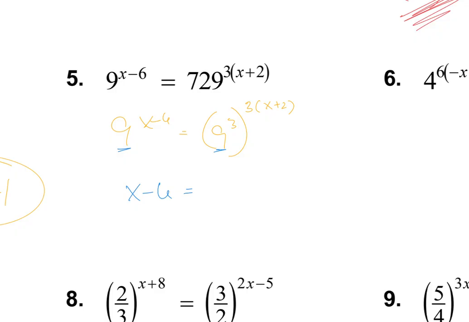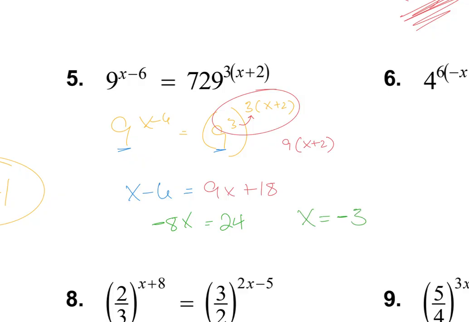We just need to make sure and multiply that, okay? So 3 times 3 is 9. So what we get is 9 times x plus 2, which is 9x plus 18, okay? Subtract 9x to get negative 8x. Add 6 to get 24, and x equals negative 3.